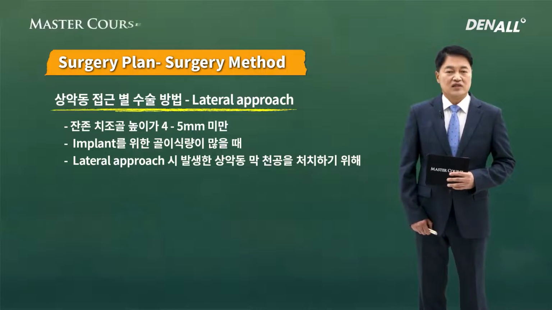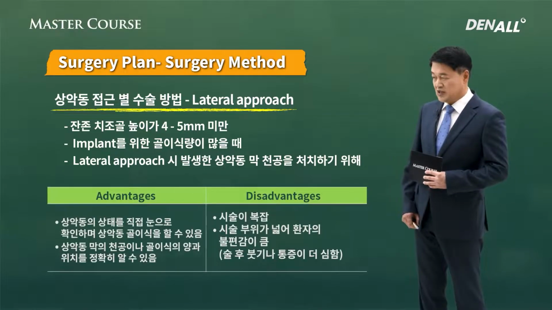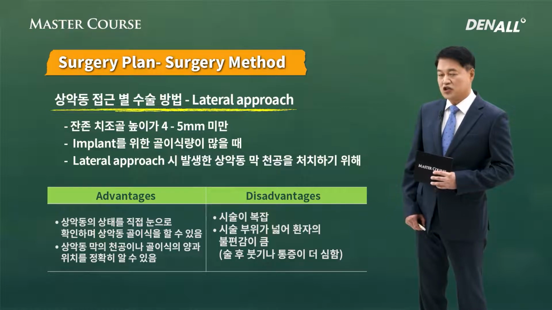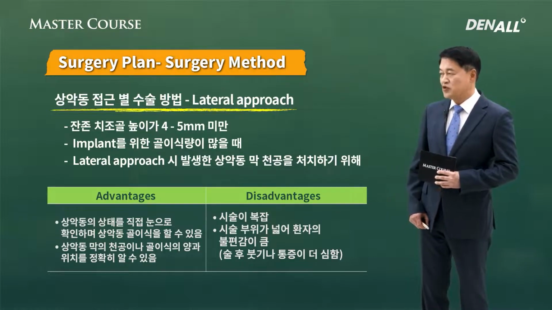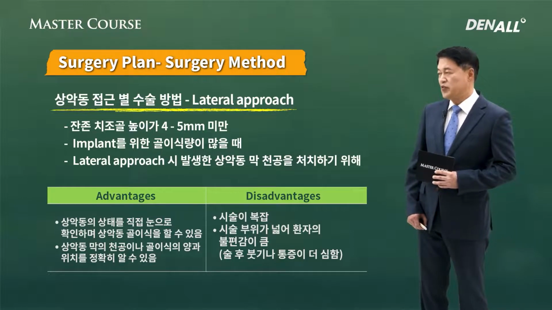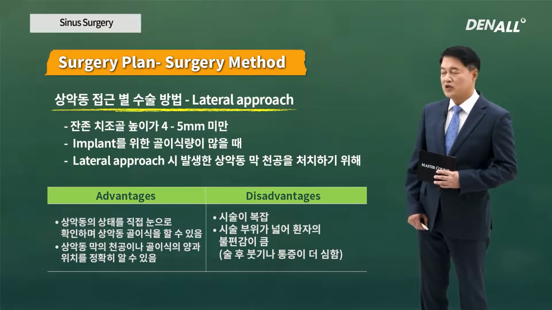Advantages include you can see directly the state of the sinus and do bone graft. Also, you can check the perforation and see the amount and position of bone graft. Disadvantages include that it's complicated and the surgical site is extensive, so the patient can experience discomfort and there could be swelling or pain.